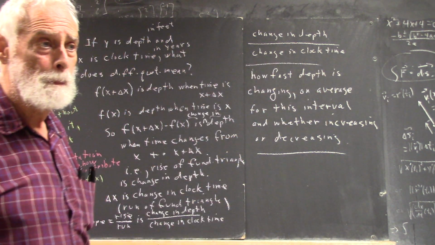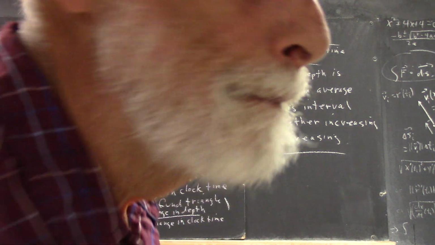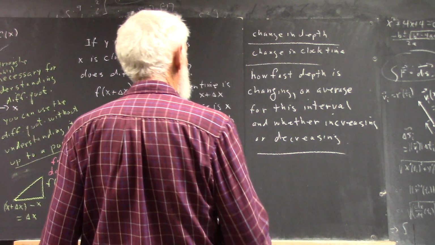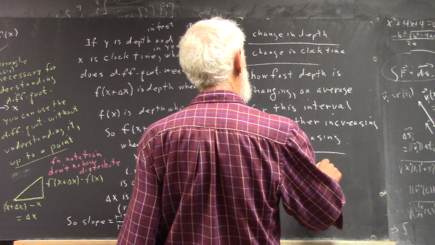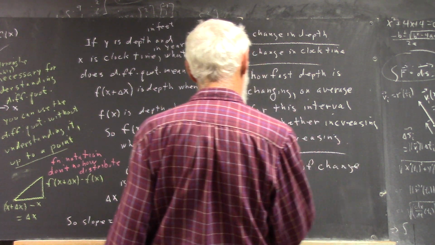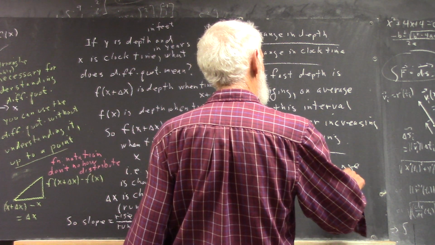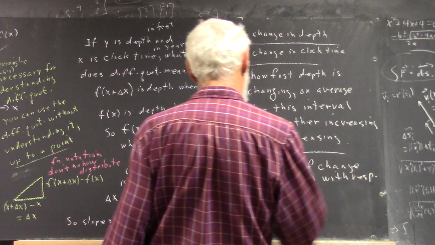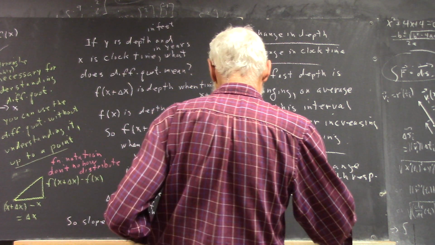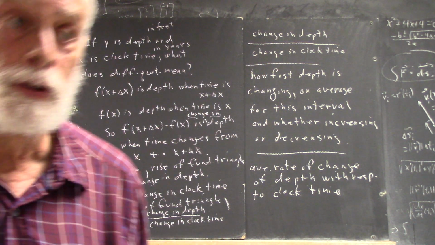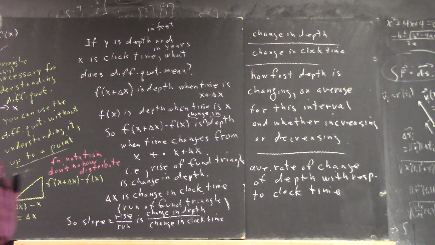Does that make sense? And this is what we call the average rate of change of depth with respect to clock time. This is how we analyze the meaning of the difference quotient.